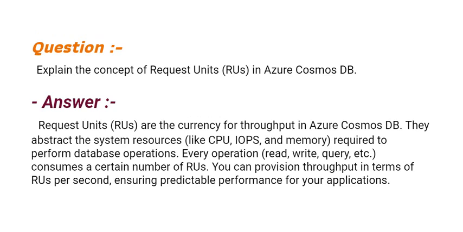Our next question is, explain the concept of request units, RUs, in Azure Cosmos DB. Your answer should be, request units, RUs, are the currency of throughput in Azure Cosmos DB. They abstract the system resources like CPU, IOPS and memory required to perform database operations.